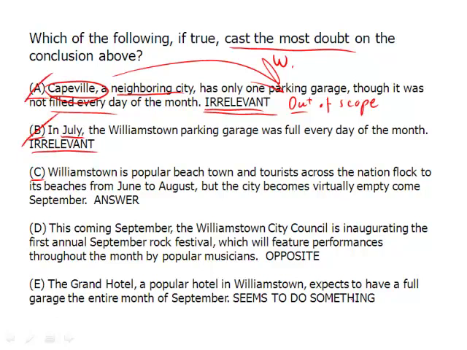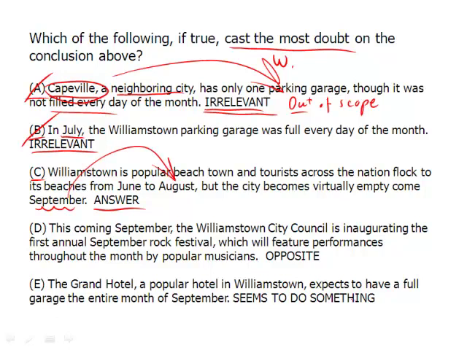Let's look at C. Williamstown is popular beach town, and tourists across the nation flock to its beaches from June to August, but the city becomes virtually empty come September. Now, you can already see, oh, I've stolen your thunder because it says answer here. But ignore that for a second. Why is this the answer? Well, it's trying to tell us something about September, and again, how September differs from August.